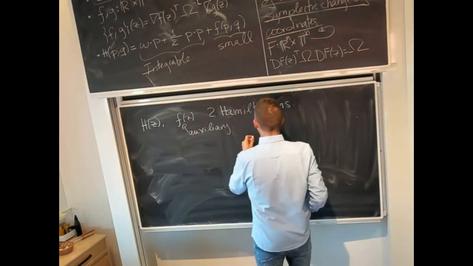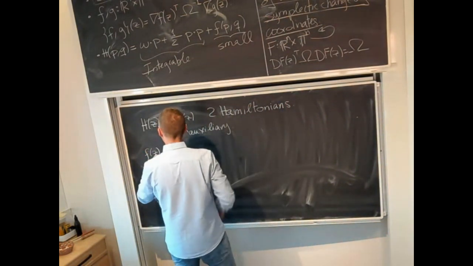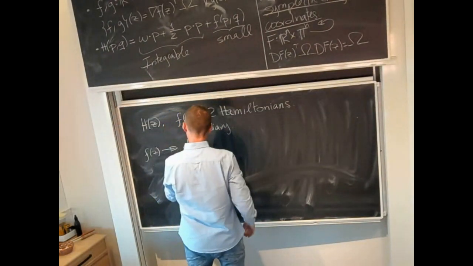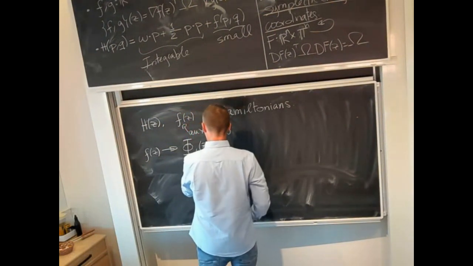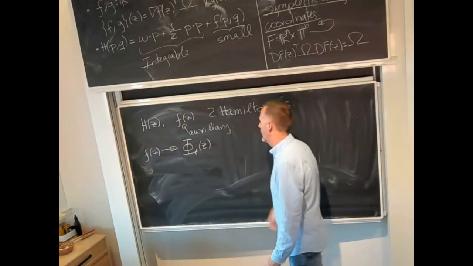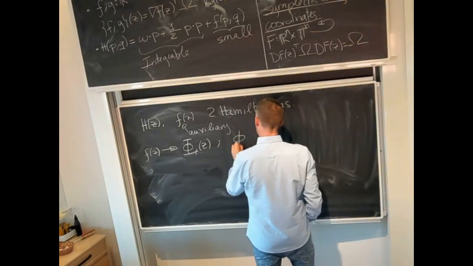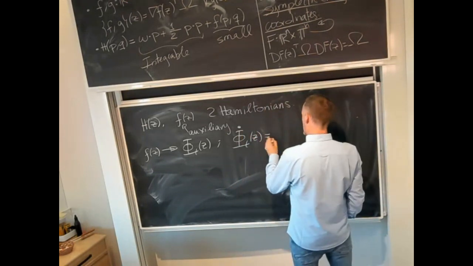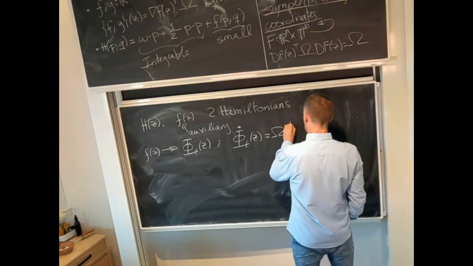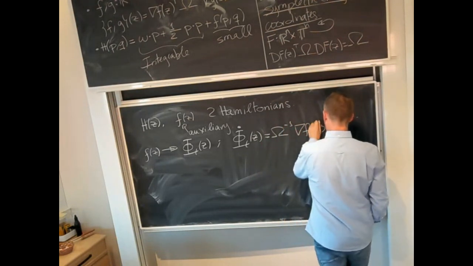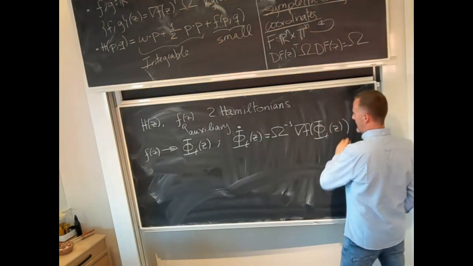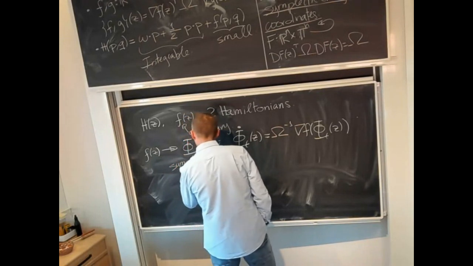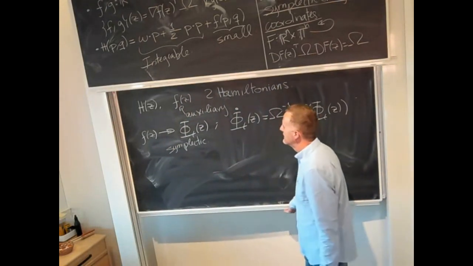This Hamiltonian, F of Z, has its own ODE, and it has its time t flow. The time t flow means that the time derivative of this map is equal to this one. It is easy to see that it is symplectic.